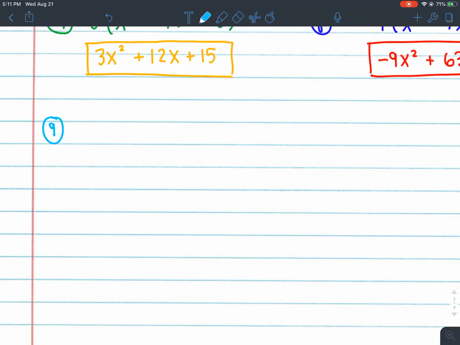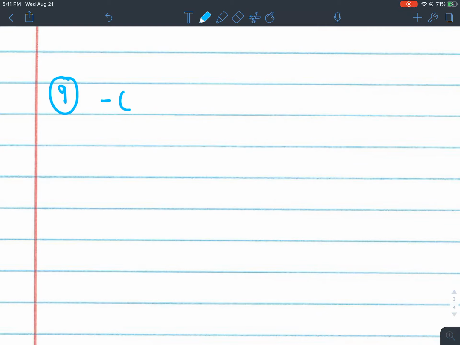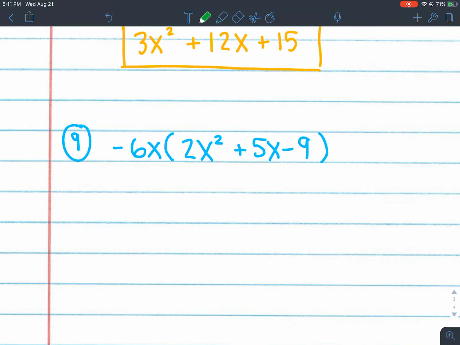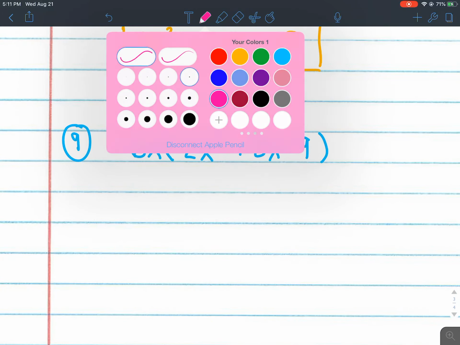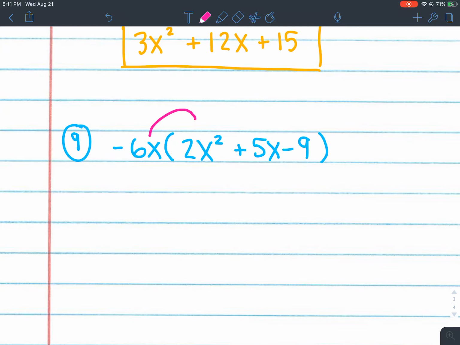Okay, moving on. Number 9. Negative 6x times 2x squared plus 5x minus 9. What do I do here? Same thing like you have been. Distribute. Negative 6x times 2x squared is going to be negative 12, because negative 6 times 2 is negative 12.